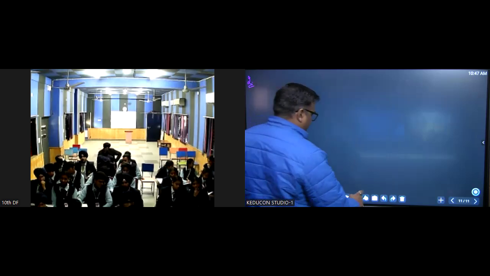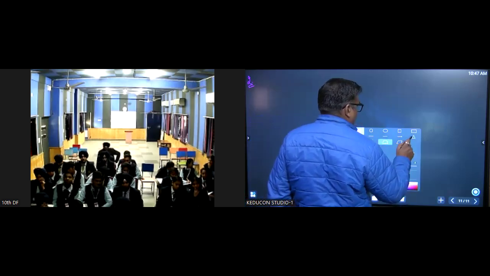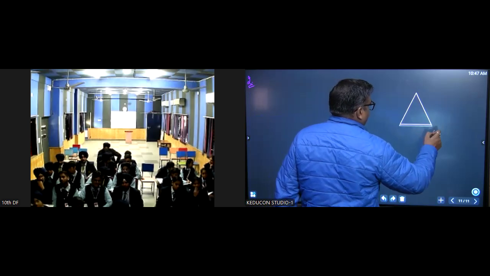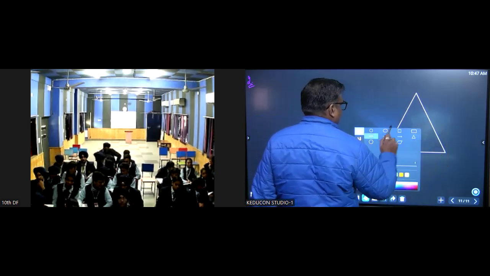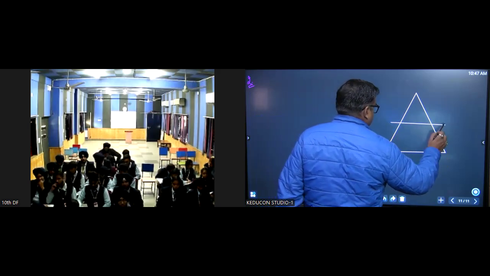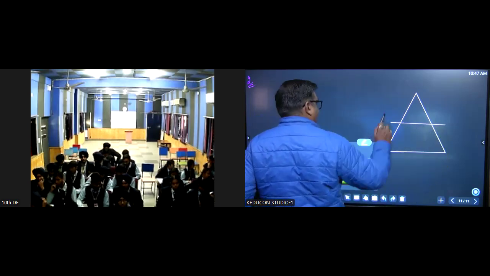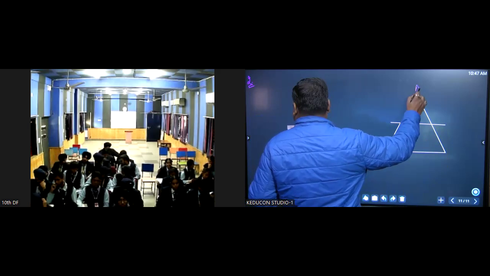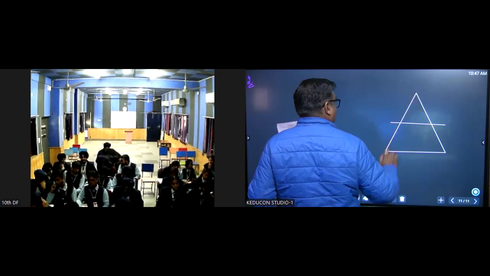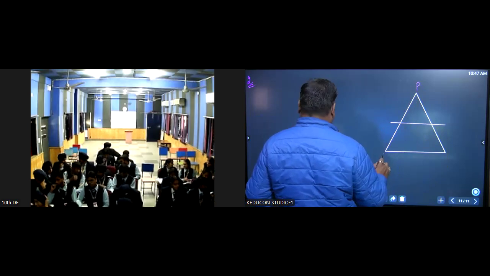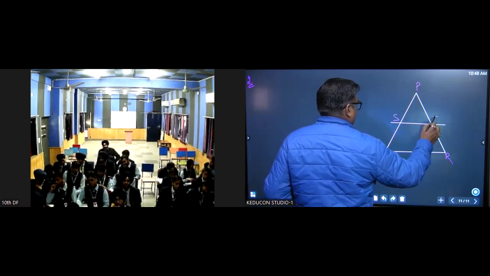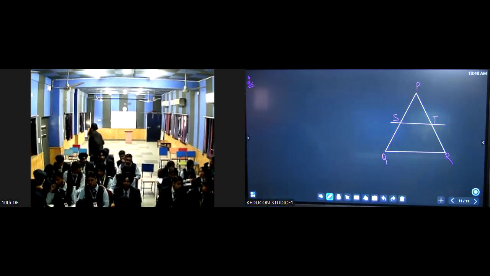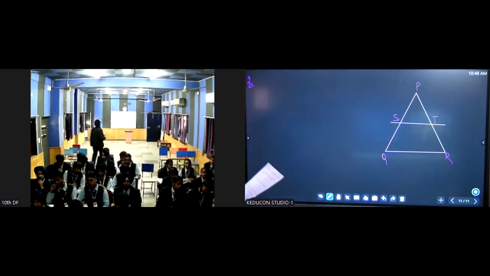Now we have been given a figure and triangle. Triangle is given. No talking, बच्चों. This figure is given.